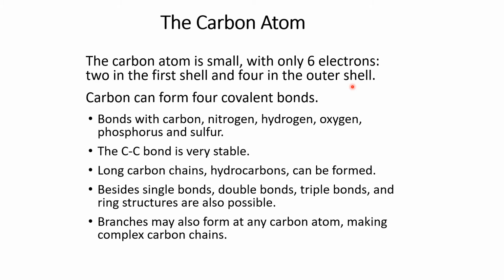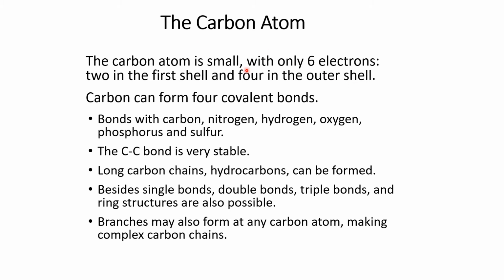So it makes 4 single covalent bonds. It can also make double and triple bonds, but at its maximum, the number of covalent bonds it can make is 4. Also, it's going to want to make covalent bonds instead of ionic ones. So that's another important point.